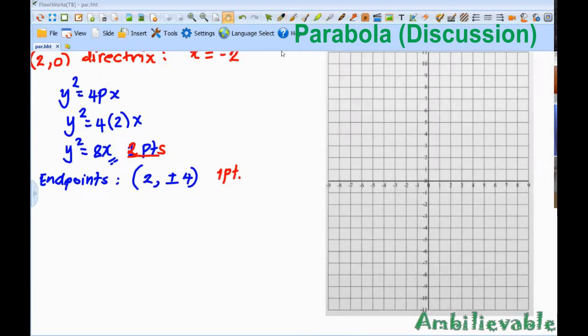So it opens to the right. So we have 2, 0, 2, 4, 2, negative 4, and the directrix is at negative 2.